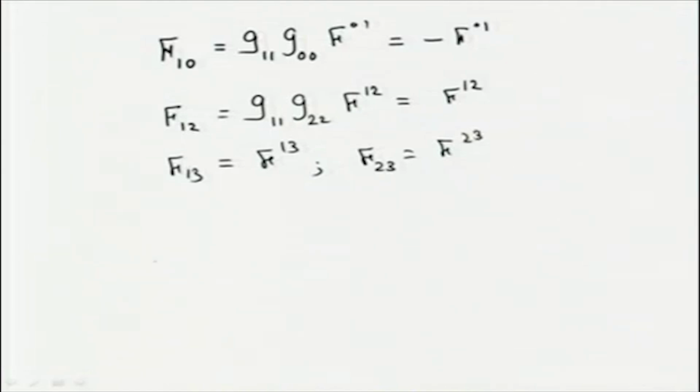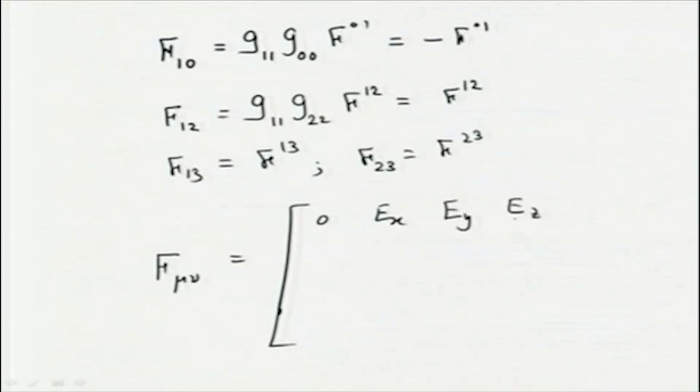So altogether we can write the matrix F mu nu covariant as 0, with a sign change there, so E x, E y, E z, and similarly for the first column minus E x, minus E y, minus E z. Diagonal elements are zeros.